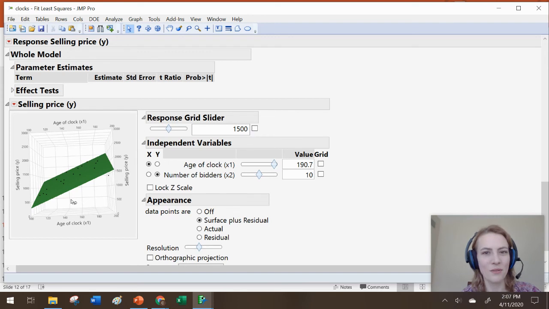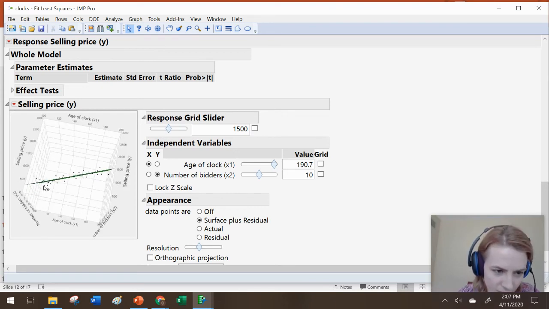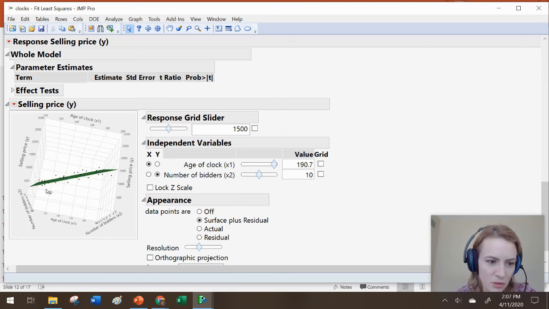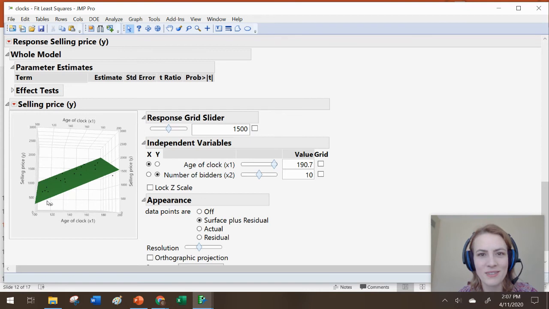Our residual is the difference between the actual value and the predicted value, so the actual price and the predicted price. Here, the prediction is on that planar surface. As I rotate this, I can see some are above and some are below. So now it's that distance above or below the plane rather than above or below the line.